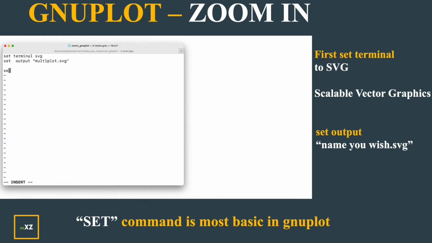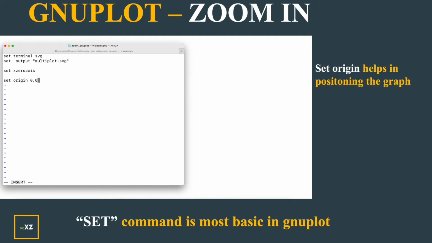Now I set xzeroaxis. So it plots the y equals 0 line. So you will have a line from x equals 0, and it helps us in demarking between the y positive and y negative. And then I set my origin at 0, 0.